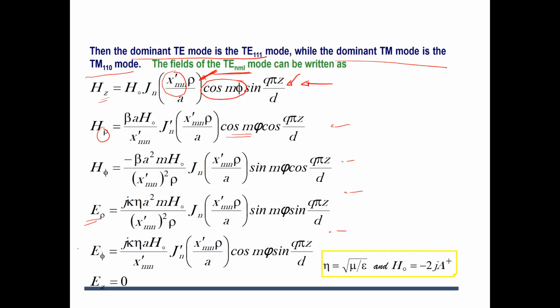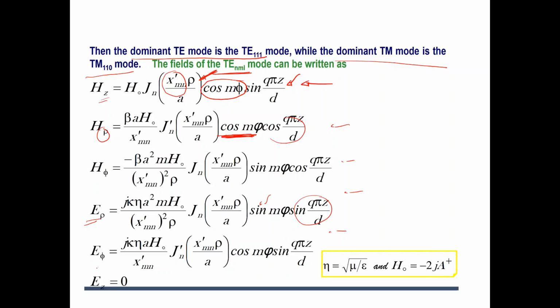For E rho, you have the derivative of the phi relationship with phi, so you get sine m phi, and then the derivative of cos with z, so you get this sine q pi z term.